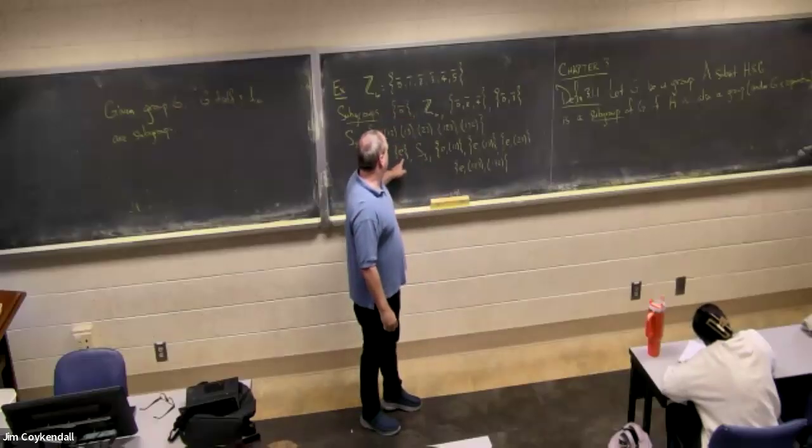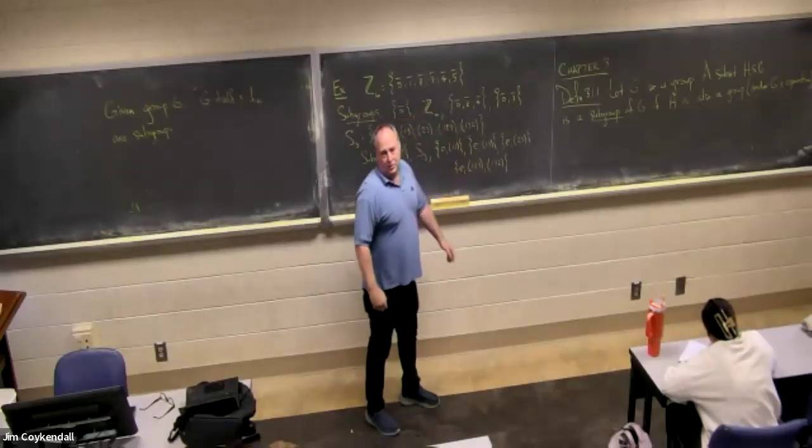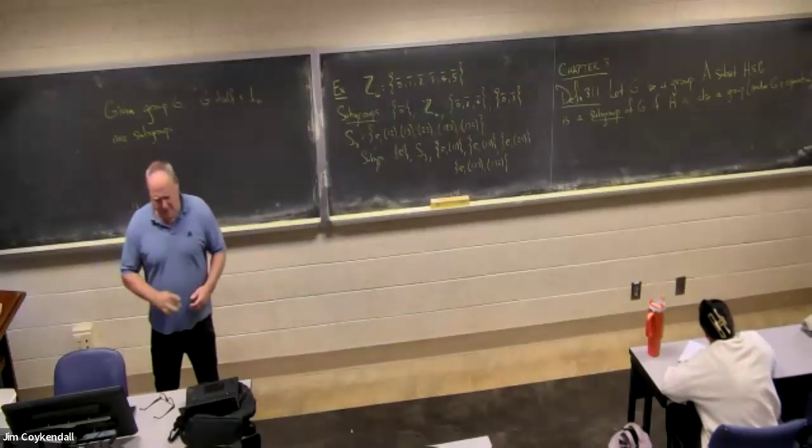Here, you've got 1 subgroup for 1, 1 for 6, 1 for 3. There are 3 of them here. So that's something different that happens there.